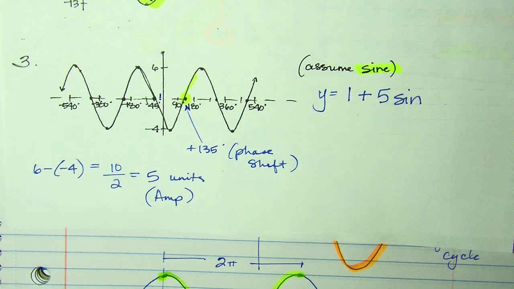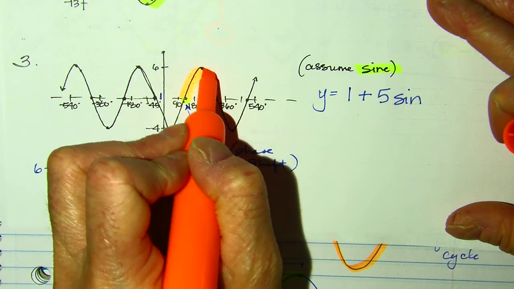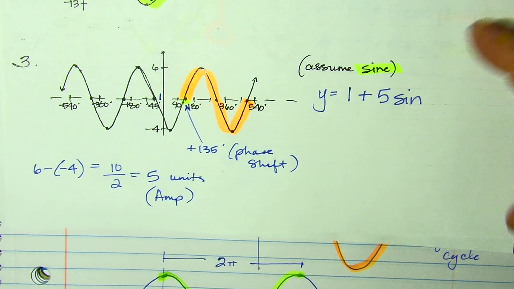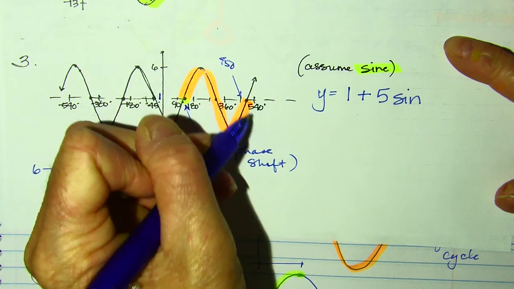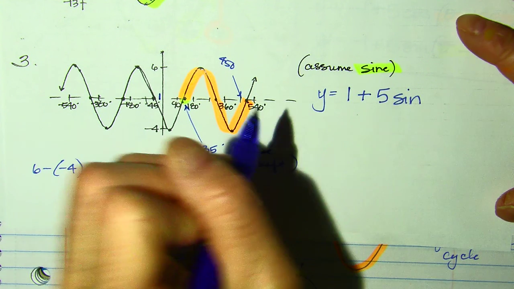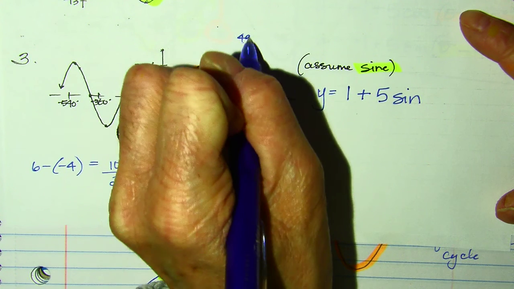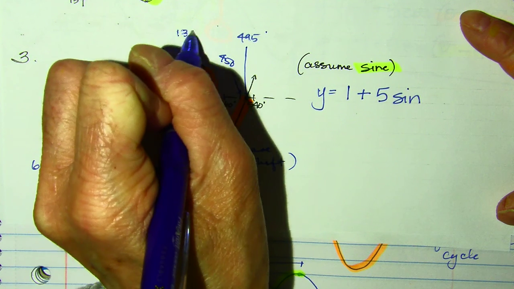Now let's look at period. So a full cycle would be 1 peak and 1 valley. So if this is at 450, then this right here should be halfway, and so that would be 495. So this is at 495, this is at 135.